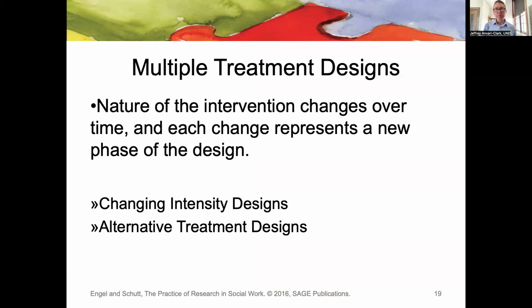So there's different ways of doing multiple treatment designs where the intervention may actually change over time. And so this presents a new phase of the design. So you can change the intensity of it, perhaps adding some additional intervention activities. Going back to our anxiety issue, maybe the person simply starts out with therapy.